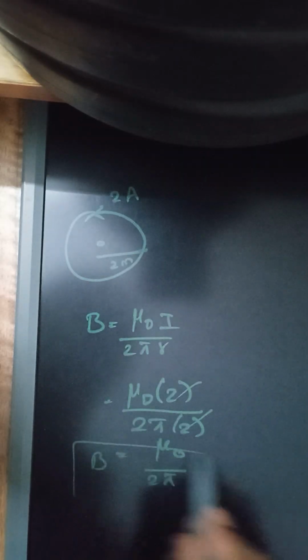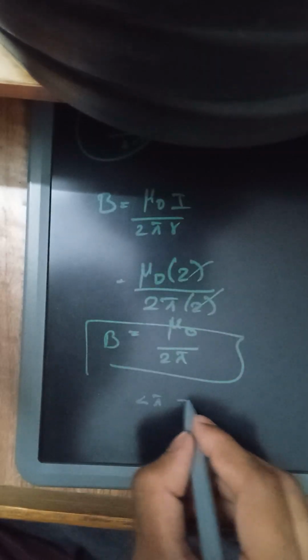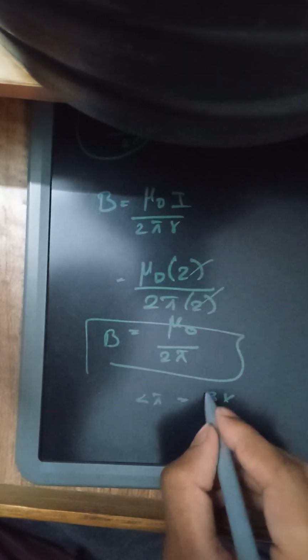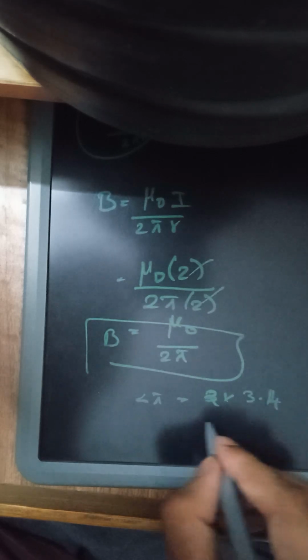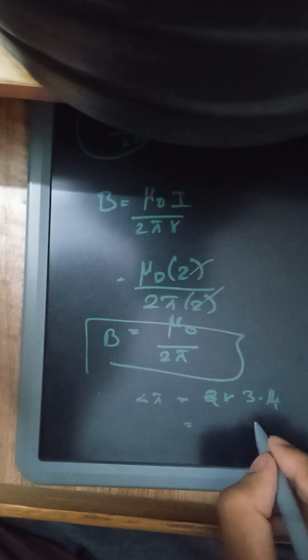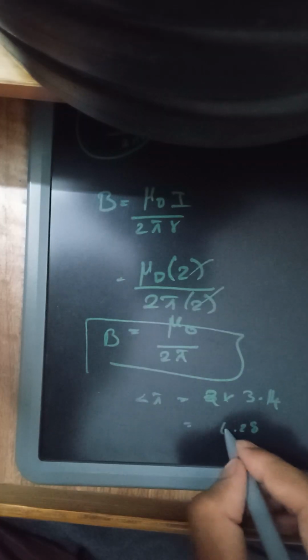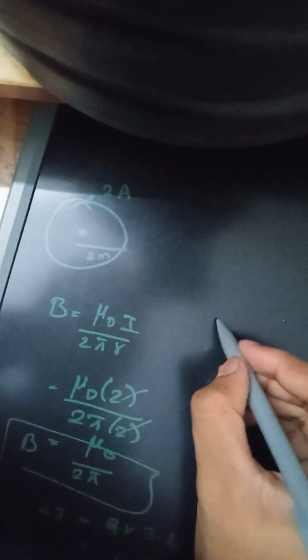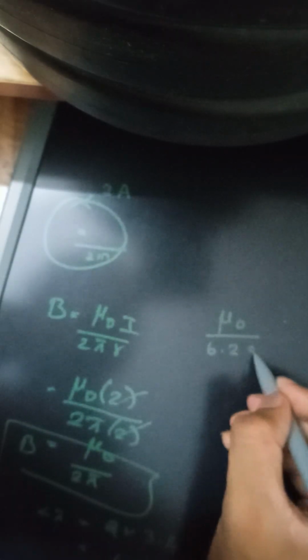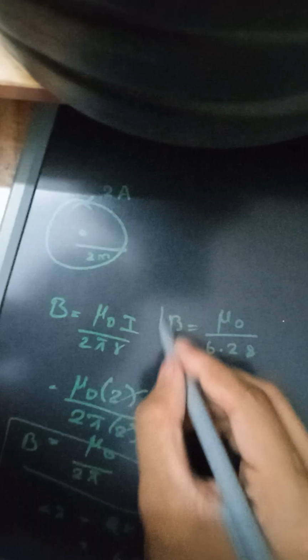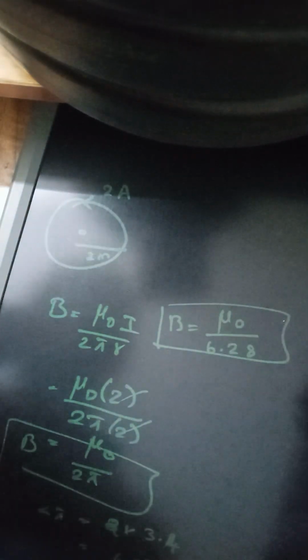So B equal to mu naught by 2 pi, that is, if we expand 2 pi, that is 2 into 3.14, that is 6.28, so we have mu naught by 6.28.